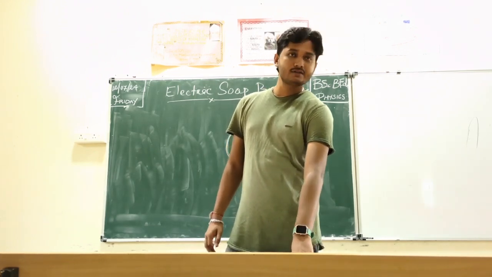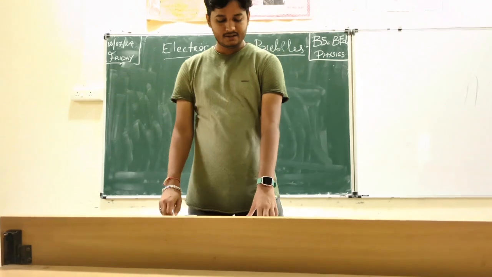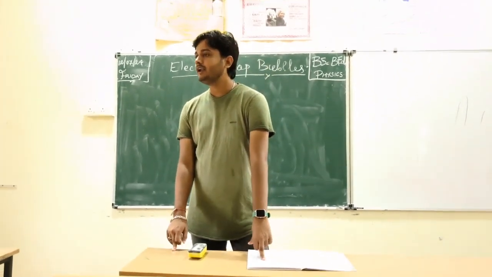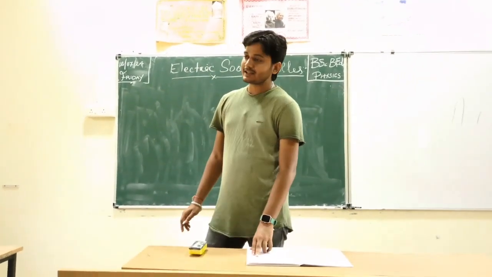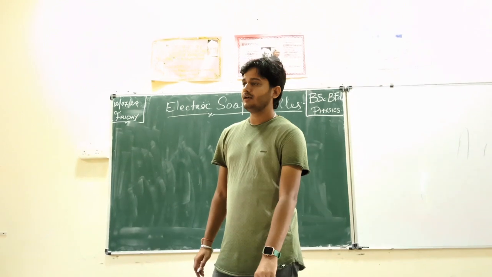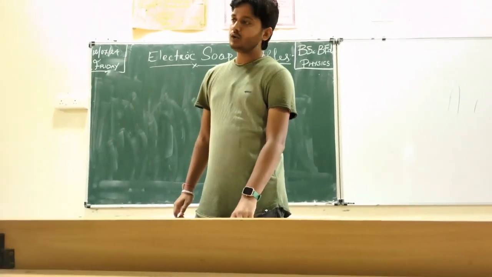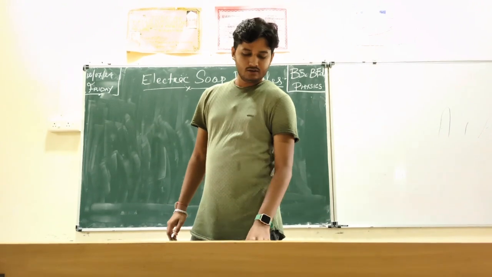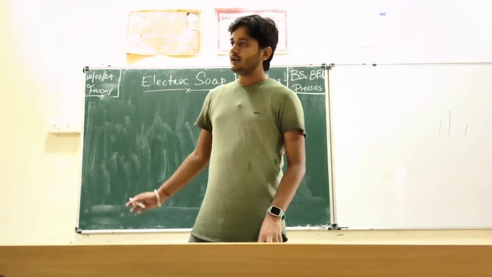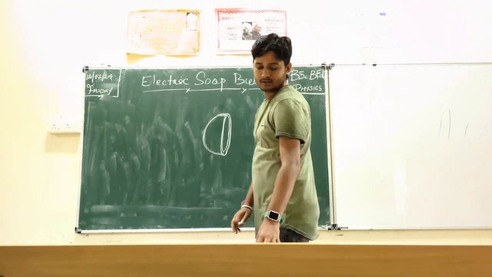So the mechanical force acting, pressure, is force per unit area. So what is the expression for pressure? Sigma square by 2 epsilon. After that we will study these electric bubbles.